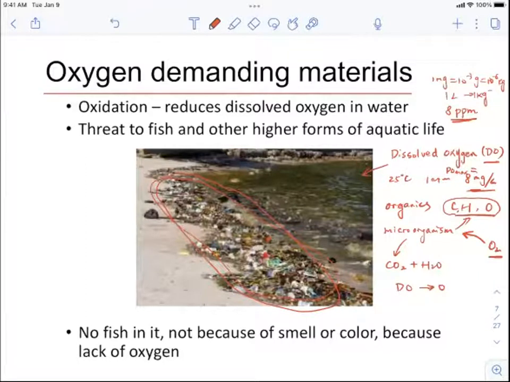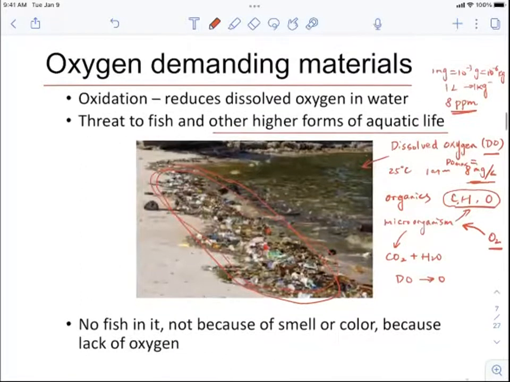Not even shrimps or lower levels of aquatic life, not to mention fish or other higher forms of aquatic life. So it's a lack of oxygen that's wiping out all the different lives, right? That's why the dissolved oxygen has to be closely monitored for natural water, let's say the river water or the lake water.